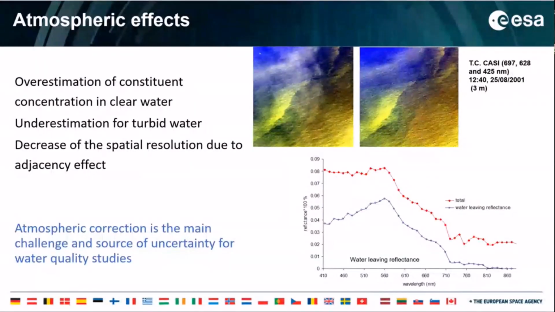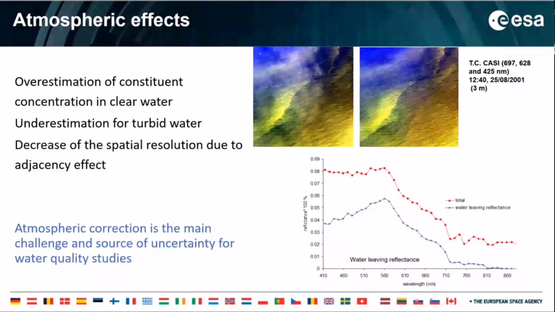And it has a very complex effect on the water signal, because it overestimates the turbidity in clear water, but it also underestimates it in turbid water. And if you have a small water target, it contributes to a decrease in spatial resolution.